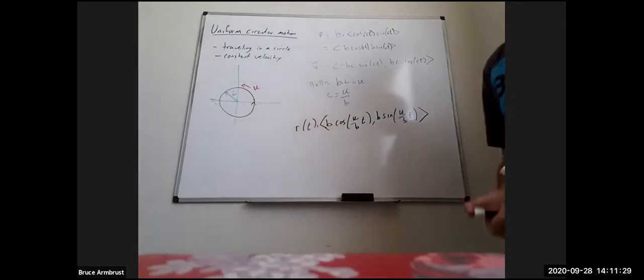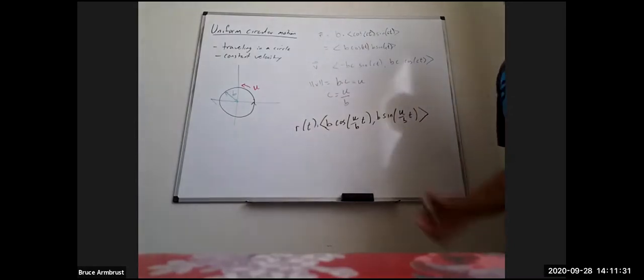But now we've got it so that the magnitude of r is always b. So we're always that radius away. And the velocity is going to be u, always, which is what I need for this.